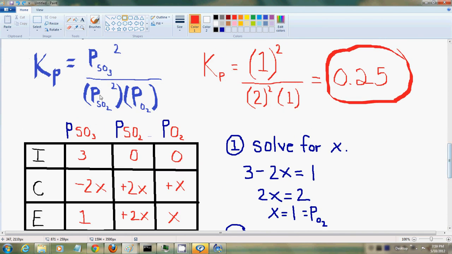So all you have to do is plug and chug. So you plug in your values: 1 atm for your products, 2 atm for sulfur dioxide, and 1 atm for oxygen. Square what you need to square, and if you do all the math correctly, you should get 1/4 or 0.25 as your Kp. And what you need to know is that we don't usually include units in our K expressions or our K values, so all your answer is Kp equals 0.25. And it's as simple as that.